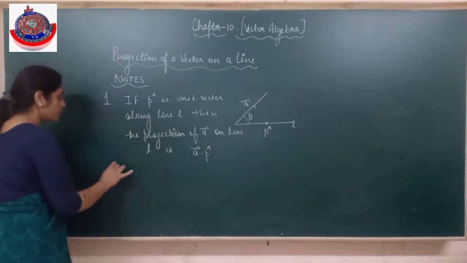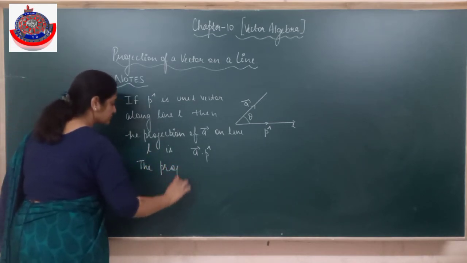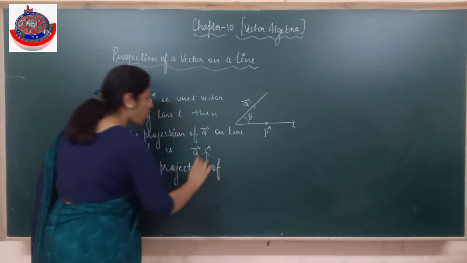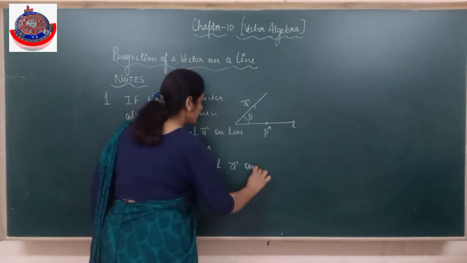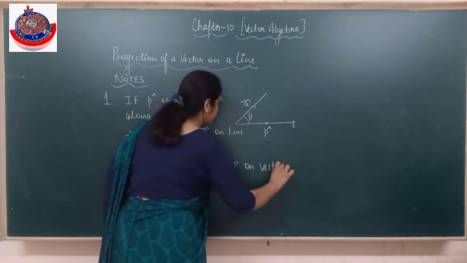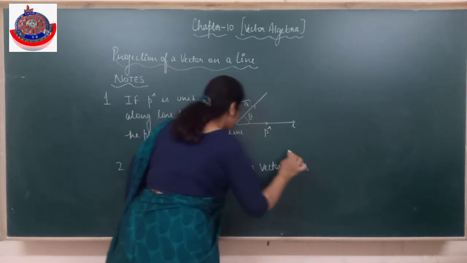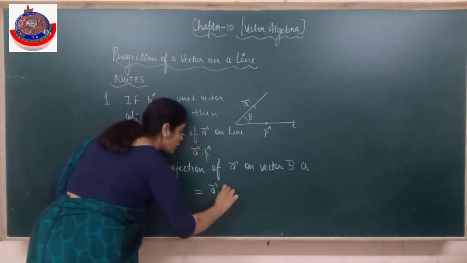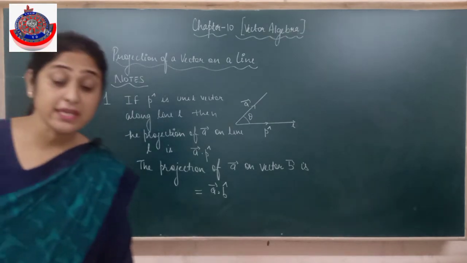Alright. So the simple rule now is, the projection of vector A on vector B is given by A vector, and the cap of the vector on which the projection is to be found, A vector dot B cap.